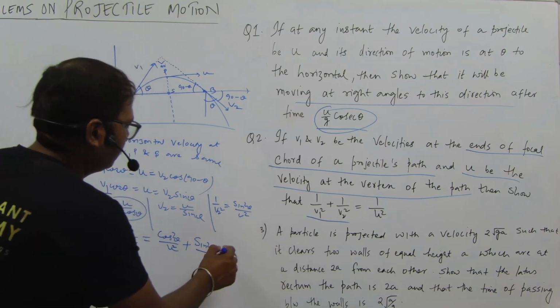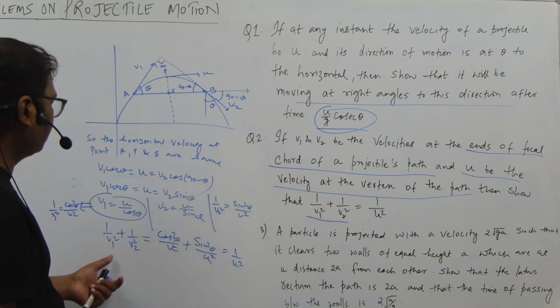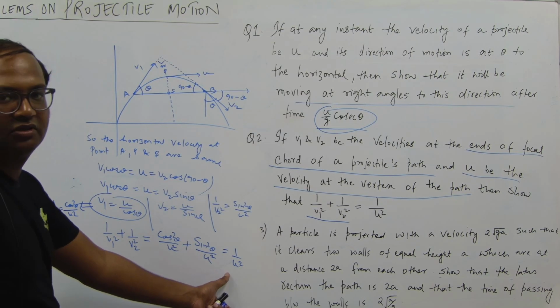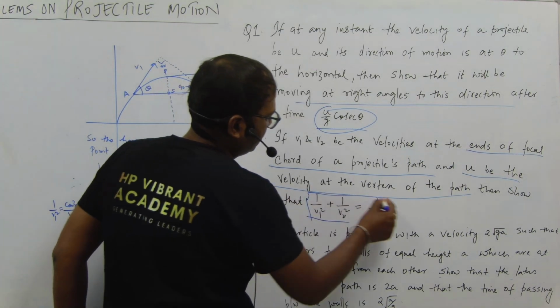Adding, this is equal to 1 upon U square. So 1 upon V1 square plus 1 upon V2 square is equal to 1 upon U square, which is what we had to show in this question.